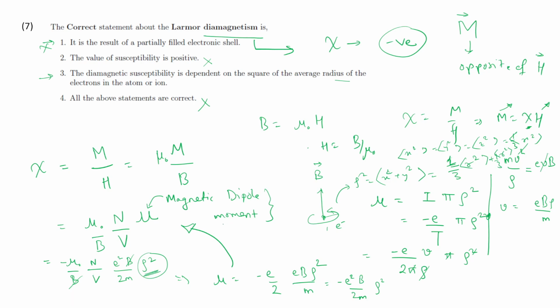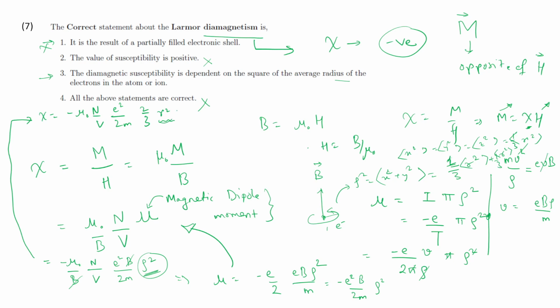So if you use this, chi is equal to minus mu naught n e square by 2m times 2 by 3 r square, where r is the average radius.